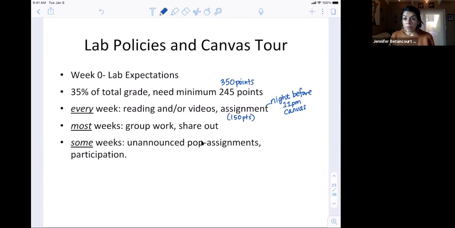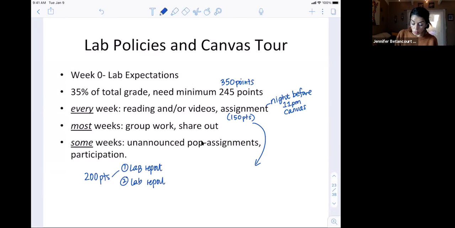Those assignments are different than lab reports and lit reviews. So it's 150 points for assignments, and then it's 200 points for major activities, and these major activities are a lab report, okay, another lab report. These are just written.